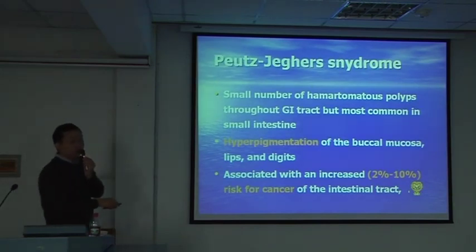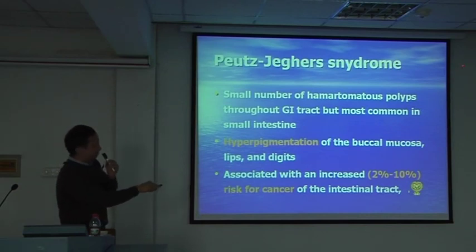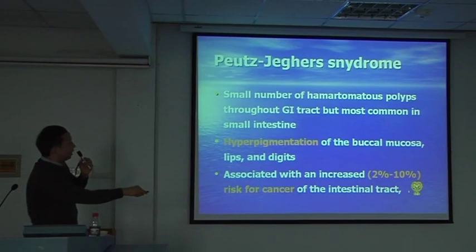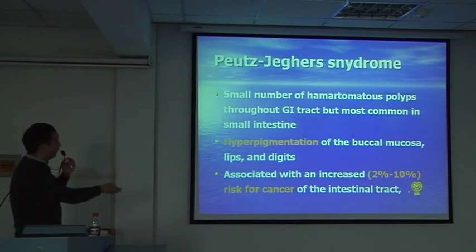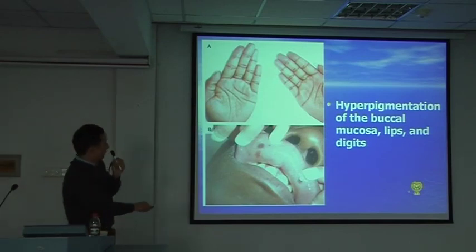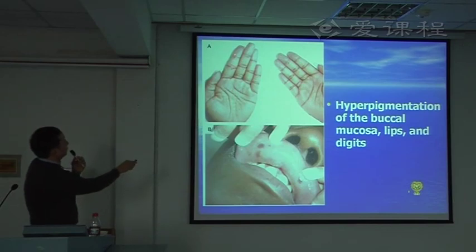Another polyposis disease is PJ, Peutz-Jeghers syndrome. It has hyperpigmentation of the buccal mucosa, lips, and digits. This picture I took from the internet. This is the hyperpigmentation of the lips, also the fingers.